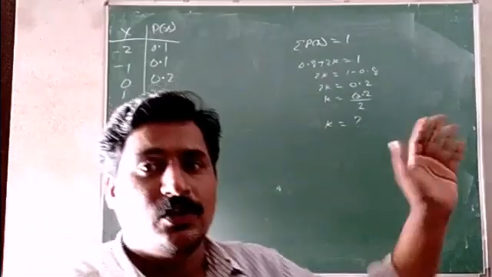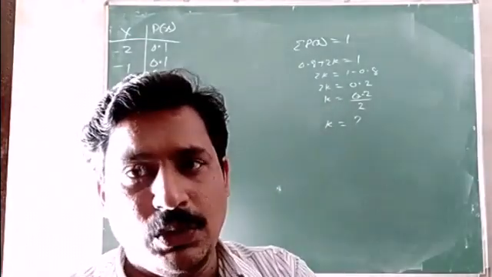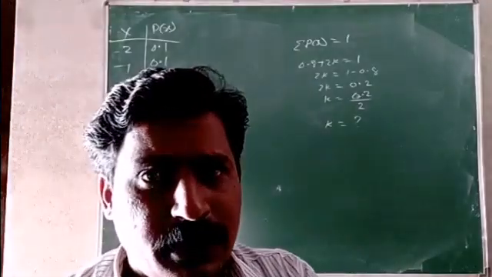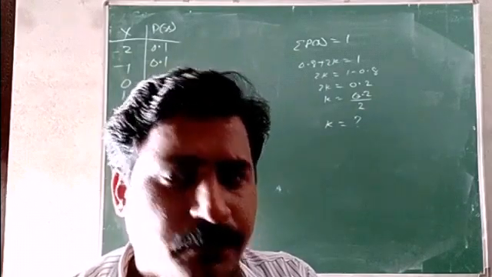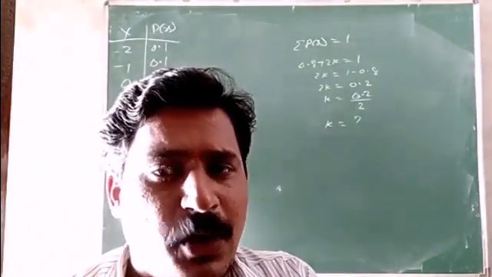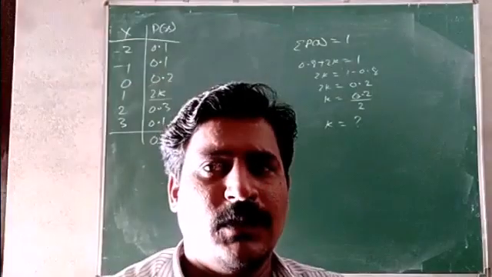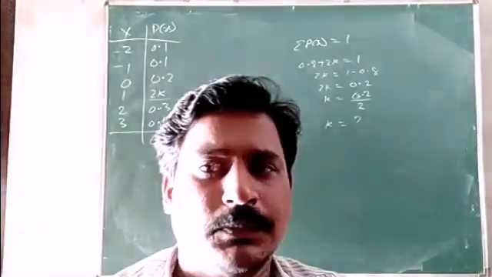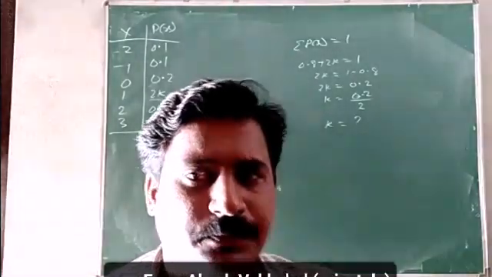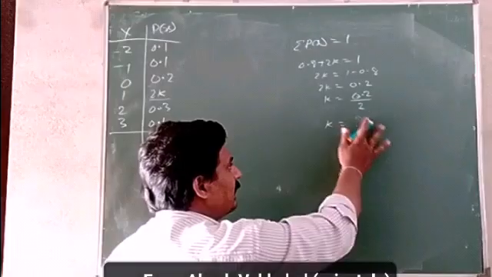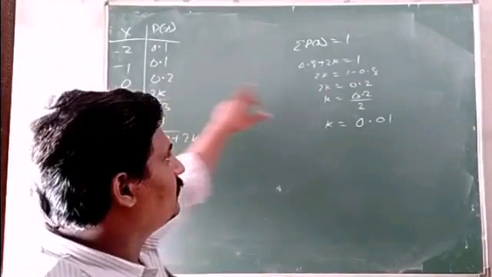So the value of k now, 0.2 divided by 2, how much? 0.1. So k, value of k is 0.1. Now we got the value of 2k, that is 0.2.